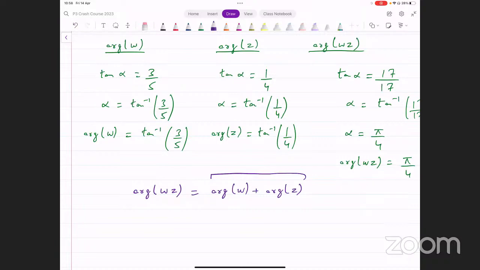When two complex numbers are multiplied, their arguments are added. So the argument of WZ is equal to the argument of W plus the argument of Z.